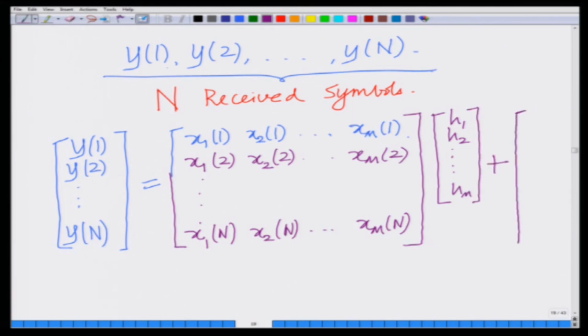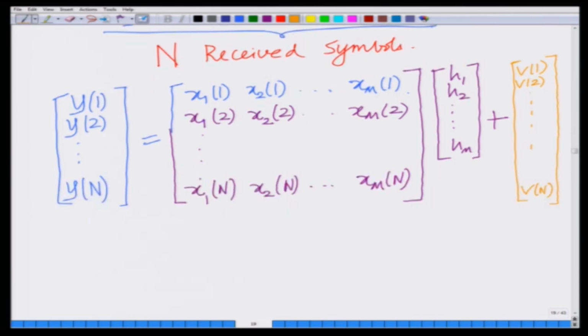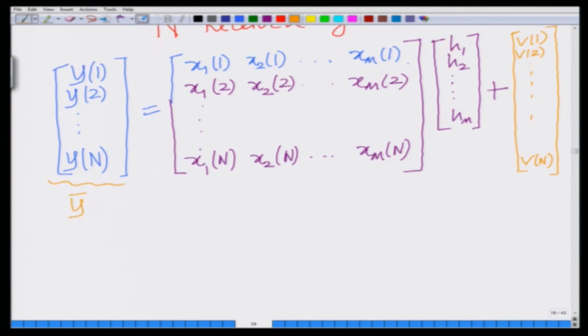The noise vector is naturally going to be of dimension n, that is V1, the noise sample at time instant 1, V2, so on up to Vn, and this is basically your input output pilot symbol model. Now, let me denote this vector of received symbols as your vector y bar. Let us write this down.